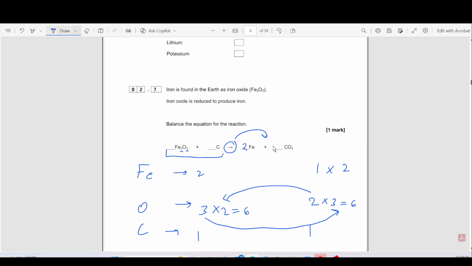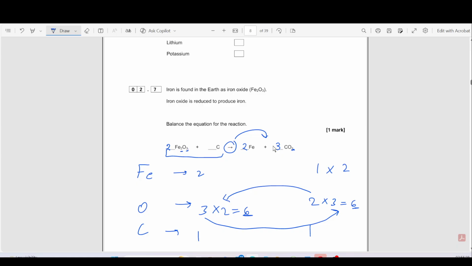I multiplied oxygen 2 by 3, so this is balanced. Now this side I need to multiply with 2, because 3 times 2 is 6 and 3 times 2 is 6. Now they both are balanced.